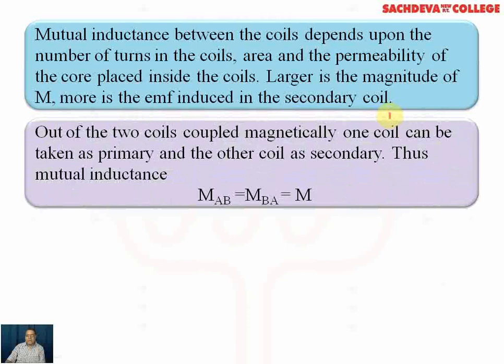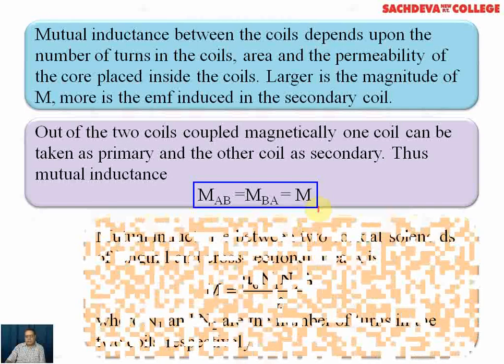Out of two magnetically coupled coils, one coil can be taken as primary and the other as secondary. Therefore, mutual induction can be given as M_AB equal to M_BA. When we write AB and BA, it means the sense of keeping the inductor is opposite, and both will be equal to M.